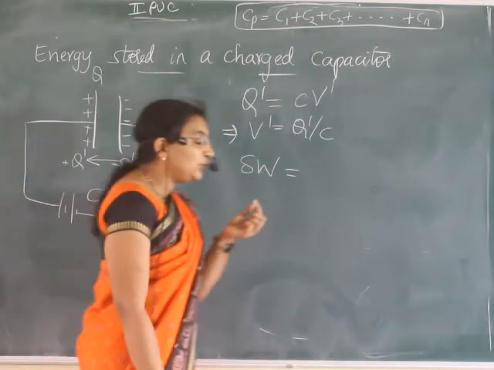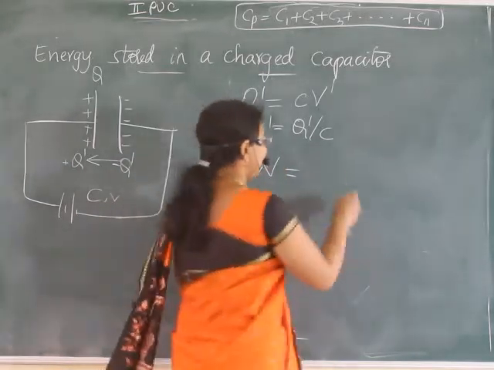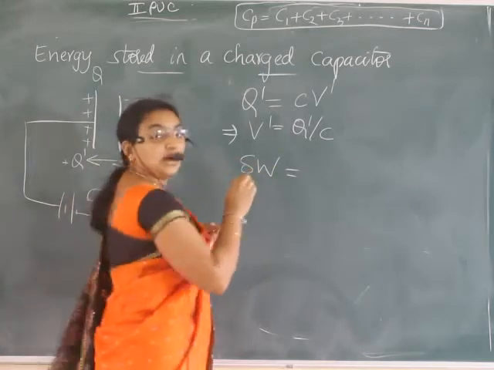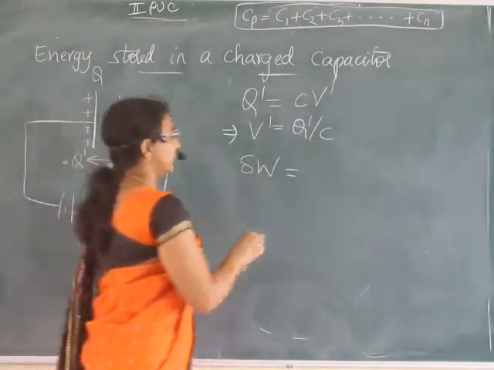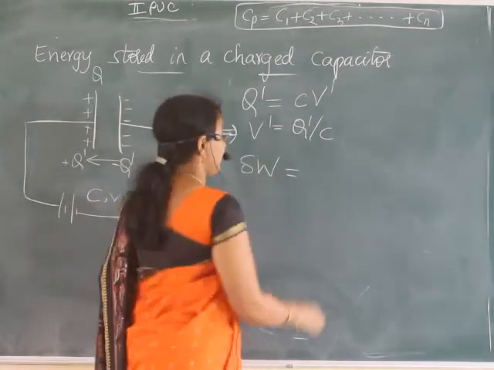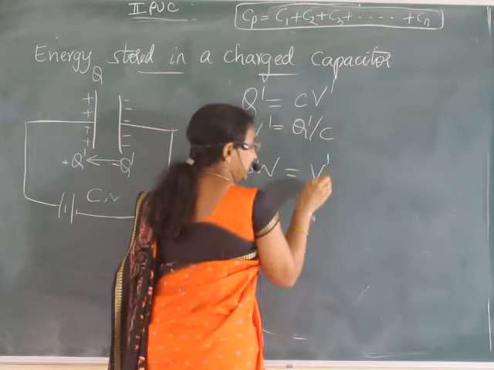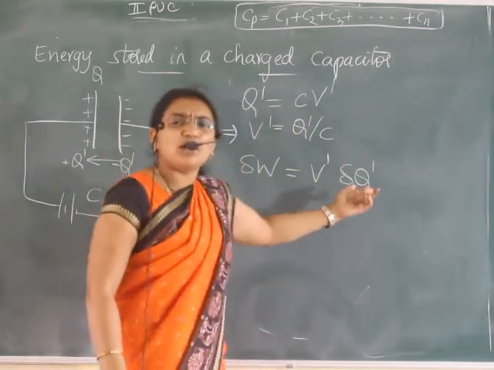So to move a small charge delta Q dash from lower potential to higher potential, the small work done is delta W is equal to V dash into delta Q dash, where delta Q dash is a small charge.